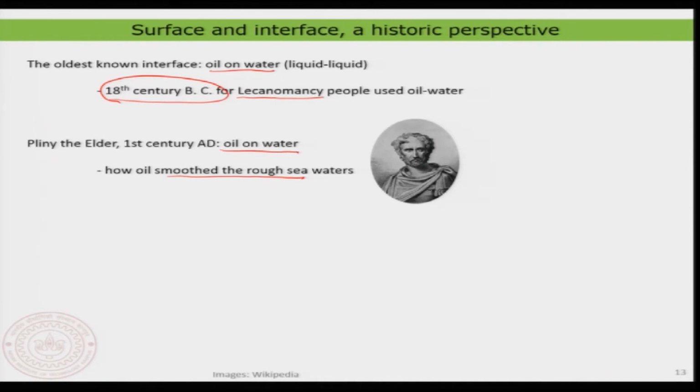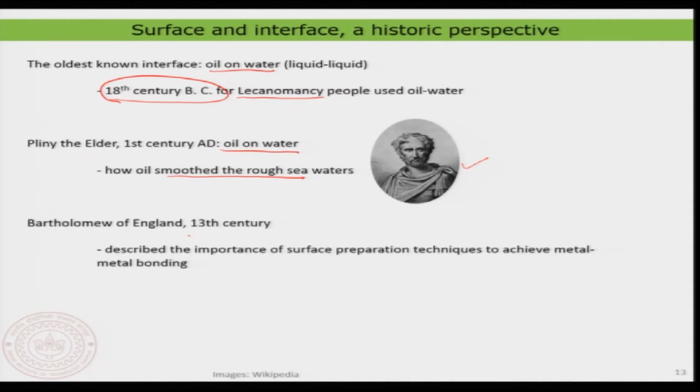Pliny the Elder, in the beginning of the 1st century AD, looked a little more into the details of this oil on water interface formation and how it influences the calming down of rough sea water, and it was systematically investigated. You could call this one of the beginnings of real surface science itself.